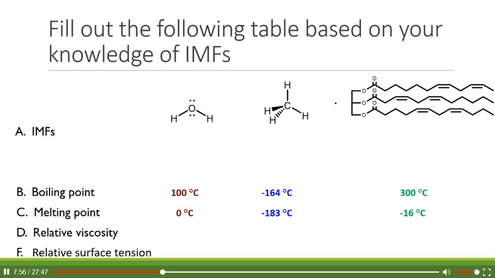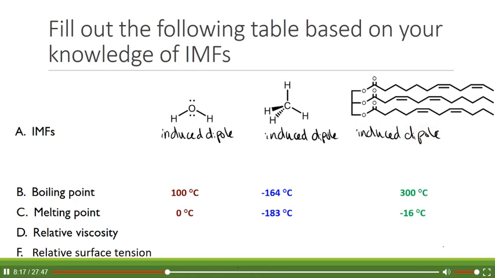So first we look at water. We know all of our things can do induced dipole, right? So all of these, no matter what they are, will exhibit induced dipole or London dispersion forces. Now we look at our substances. This is a polar substance. This is nonpolar.